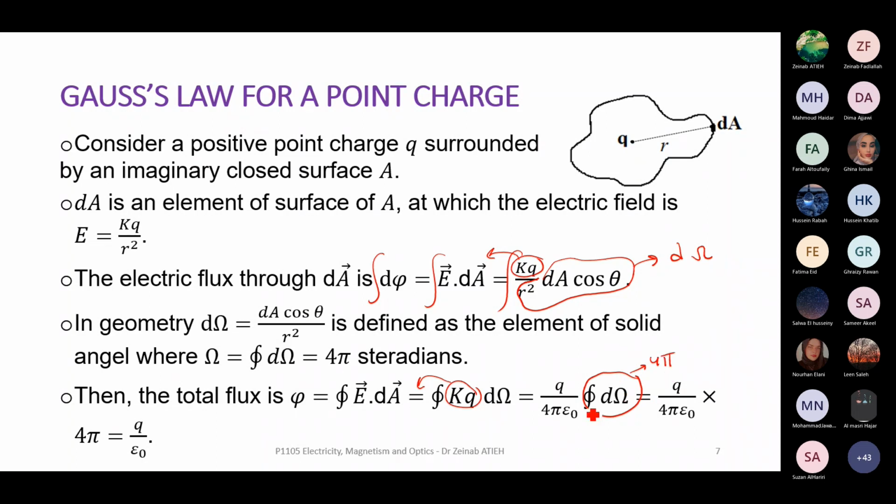So substituting for k, 1 over 4 pi epsilon 0, I get in the end phi, the total electric flux crossing a closed area, is equal to q over epsilon 0. What is q? It is the charge inside my area. This is the result. Okay?